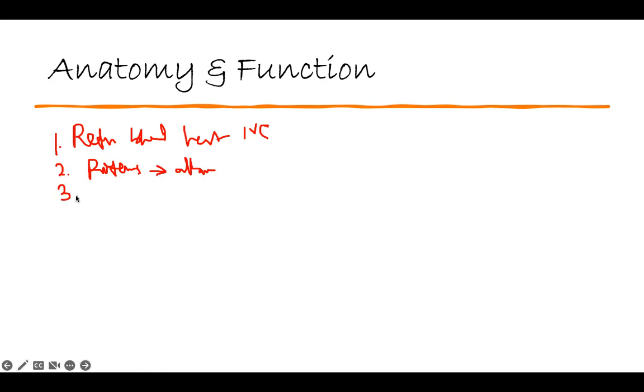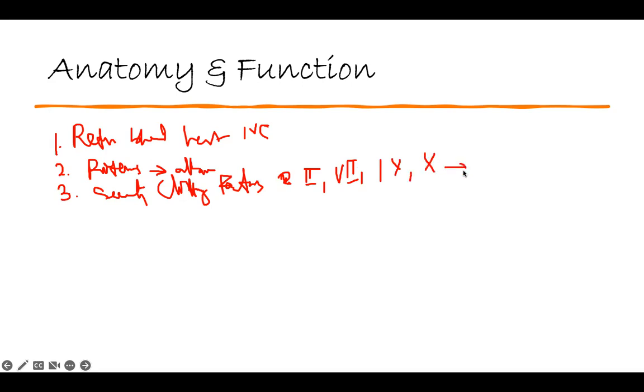The third thing it does is secrete clotting factors. So when your blood is too thin and it needs to clot, when you cut yourself, the liver makes clotting factors. There's a bunch of them, but the common ones I want you to pay attention to are factor 2, factor 9, and factor 10.